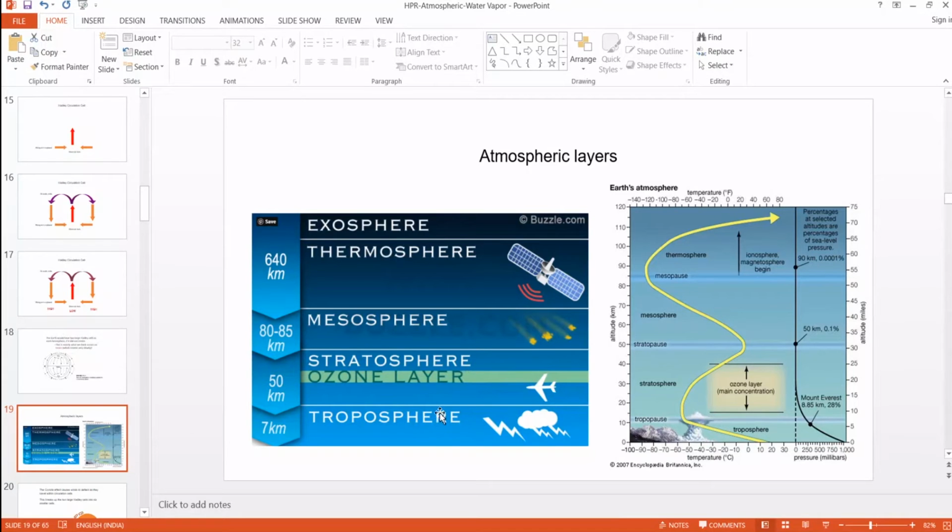So in between the troposphere and the stratosphere, this place is called the tropopause. Generally, passenger flights travel just above this tropopause, because the troposphere is fully turbulent and the stratosphere is kind of laminar.